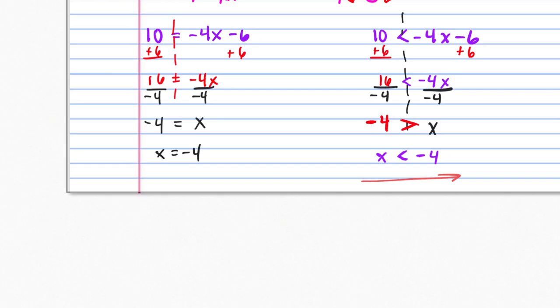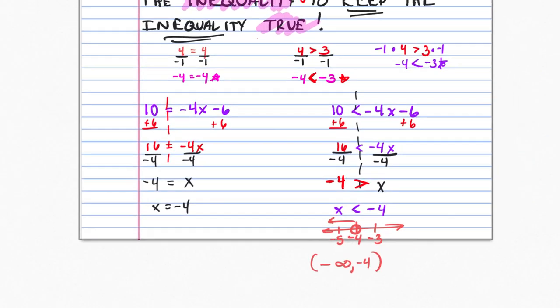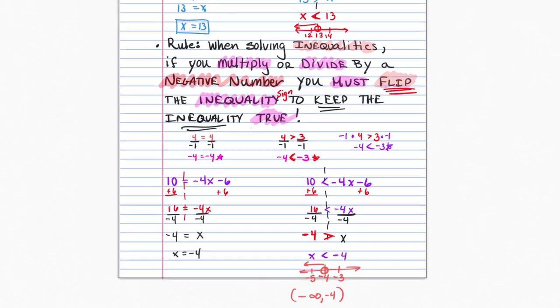So I want the x's that are less than -4. Ran out of paper here. There they are, to the left of the -4. And then if I want the interval, negative infinity up to -4, and they both have parentheses.